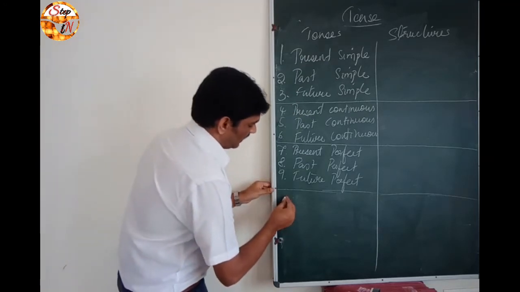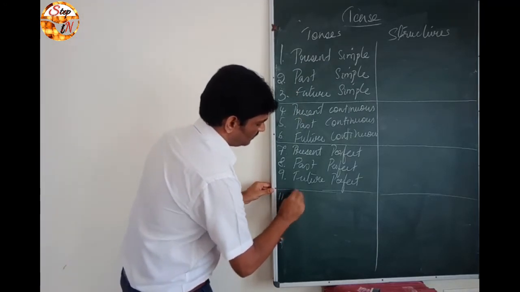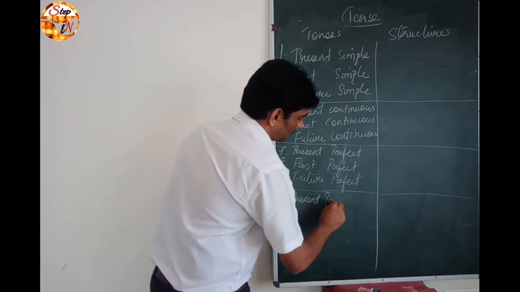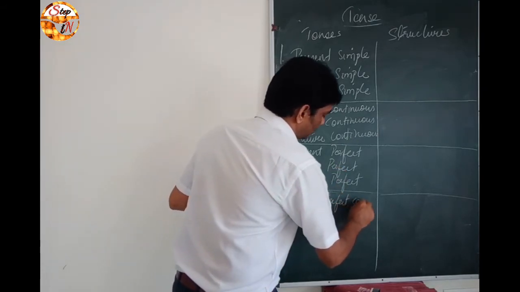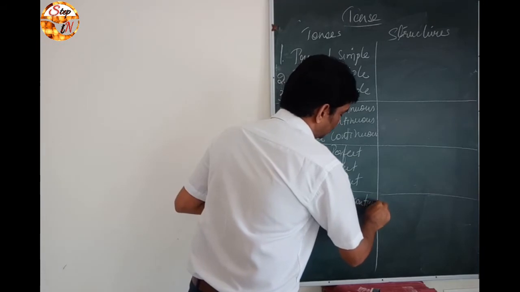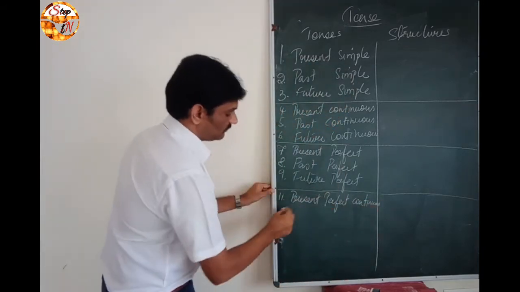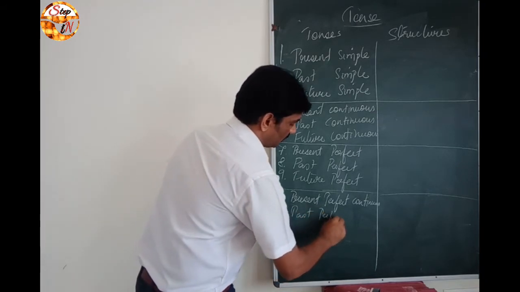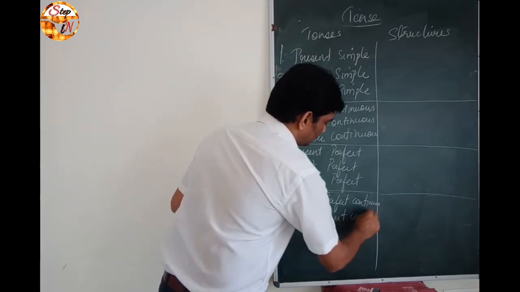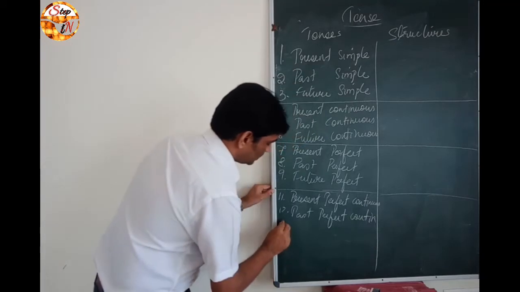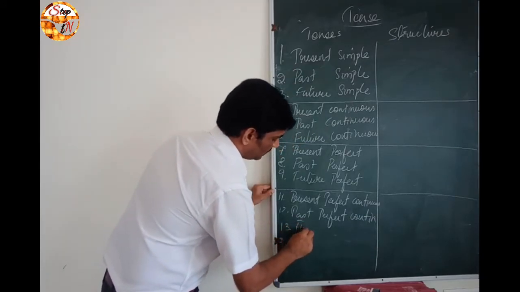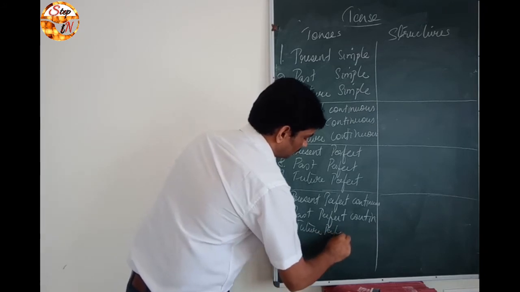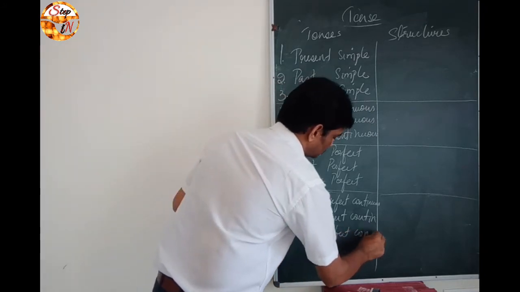So now we can have the 11th one, the present perfect. The last aspect is perfect continuous tense. So present perfect continuous, then past perfect continuous, and the last tense will be future perfect continuous tense.